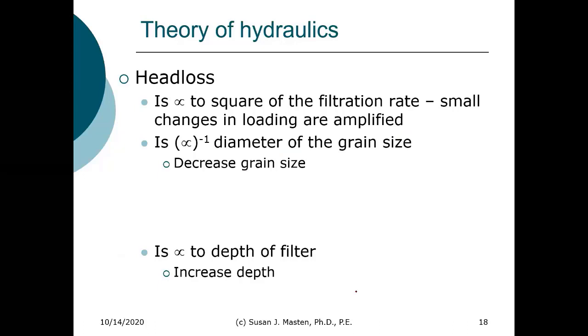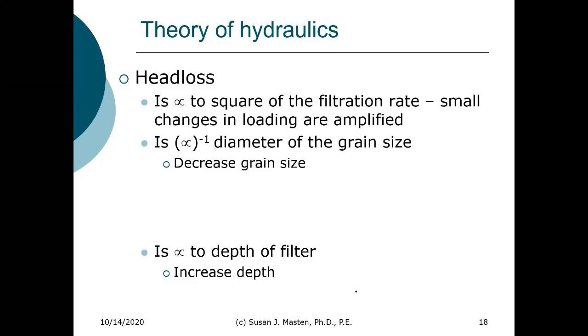Now, head loss is extremely critical. I mentioned on Monday that there were two parameters that affect when we backwash a filter. Does anybody remember what they were? So how do we decide when to backwash the filter?